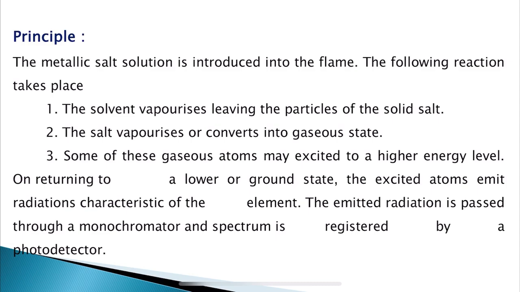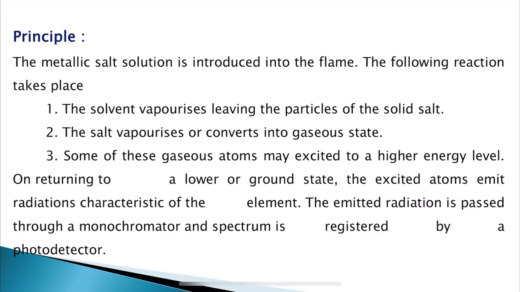To summarize it in a simple way, let us see step by step what happens in flame photometry. First, the metallic salt solution. These alkali metals are mostly used in flame photometry, so whatever solution we introduce into the flame photometer will contain a metallic salt.